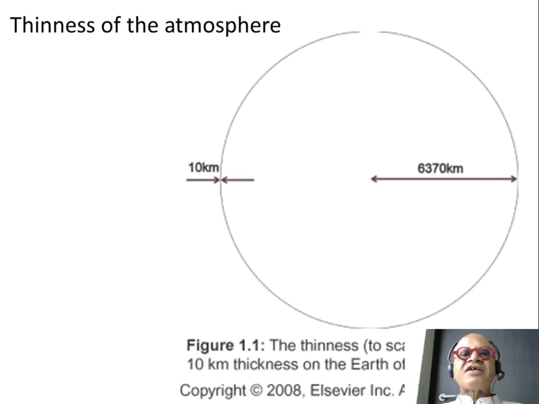The other factor that's important in terms of atmospheric character, which is also true for the ocean, is that compared to the planet on which ocean and atmosphere are circulating, the thickness is very small. So 6370 kilometers is the average radius of the Earth.